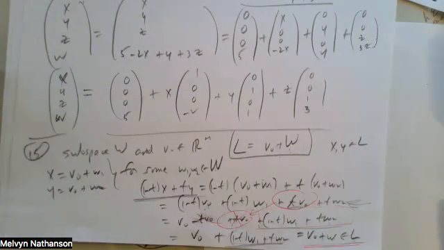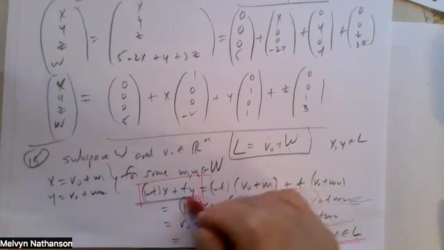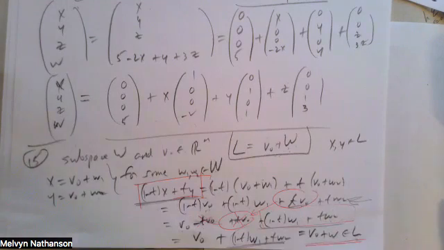Yes. That was the problem: this vector, 1 minus T times X plus T times Y, show this belongs to W.